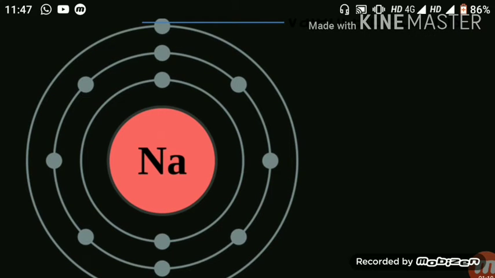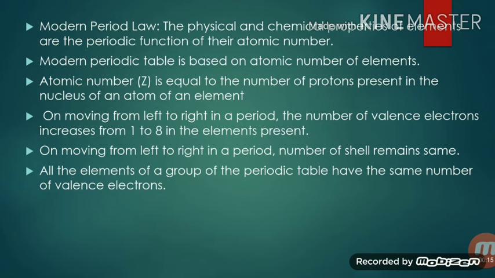So it has completed its octet in the second shell. So from the last shell, it will release its electron and complete its octet. So on moving from left to right in a period, the number of valence electrons increases from 1 to 8 in an element, right?